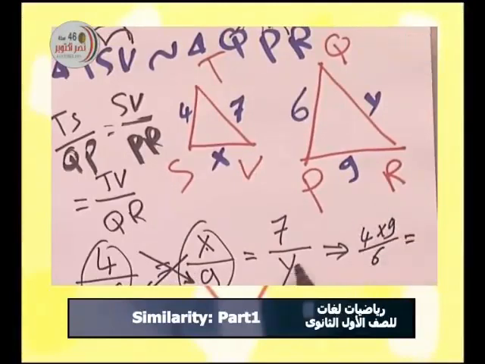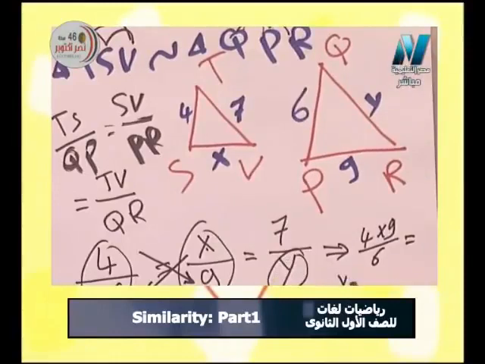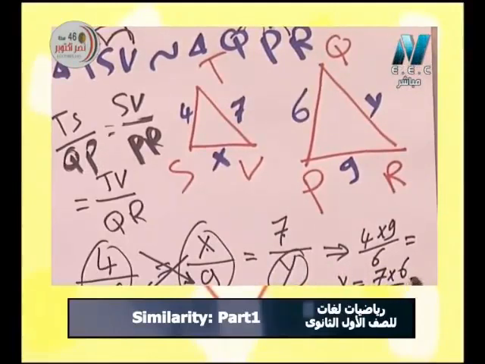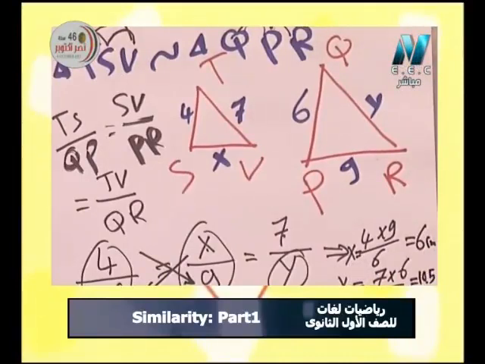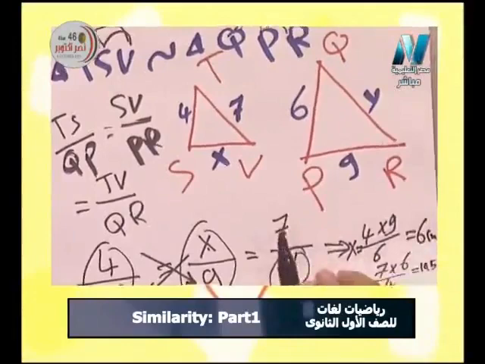And Y equals 7 times 6 over 4. So you will find that X here equals 6 centimeters and Y here equals 10.5. You see now it's very easy for you, my dear students, to calculate this question.